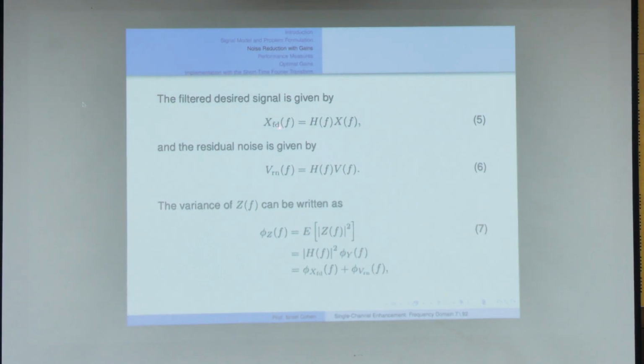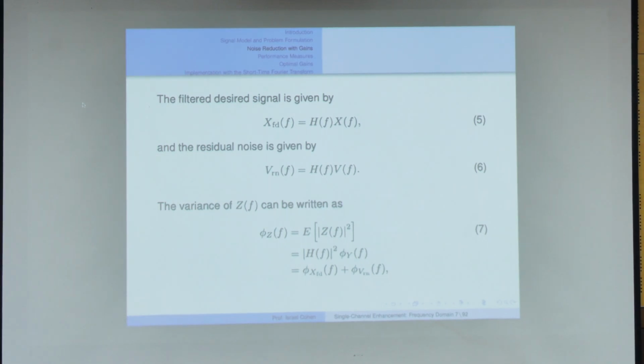Okay, so the filtered desired signal is simply H multiplied with X, and the residual noise is H multiplied with V in the frequency domain. So the variance of the signal estimate is a summation of two components.